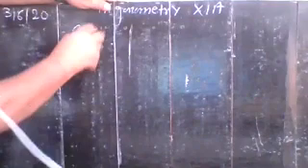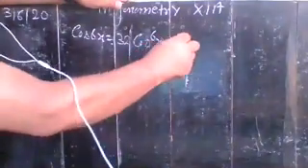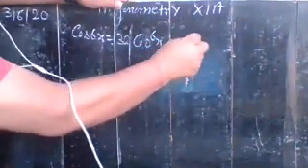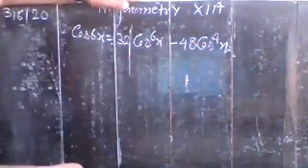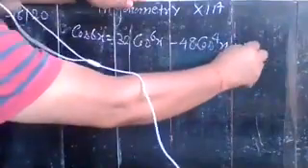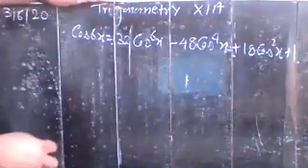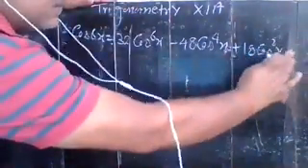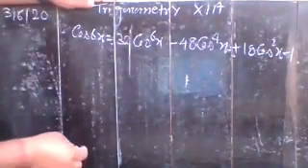Here you have to prove cos 6x is equal to 32 cos to the power 6x minus 48 cos to the power 4x plus 18 cos square x minus 1. So you're trying to prove this one.